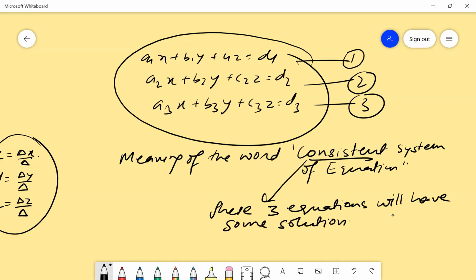What is the meaning of some solution? Unique solution or infinite solutions.